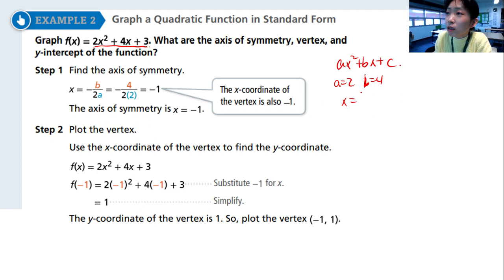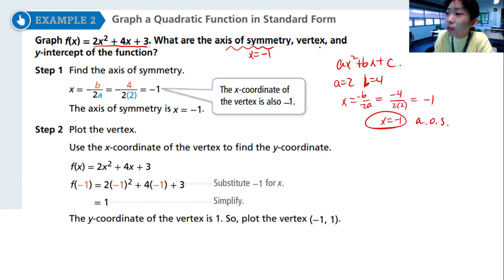x equals negative b over 2a is your axis of symmetry. So negative 4 over 2 times 2 is just negative 1. So x equals negative 1 is your axis of symmetry. Now let's figure out the vertex.